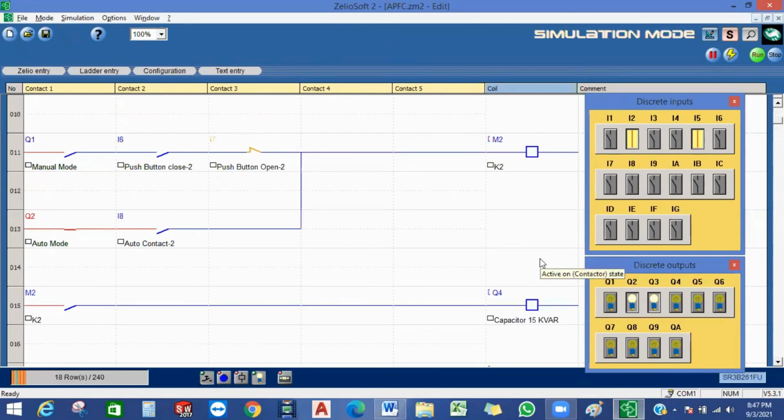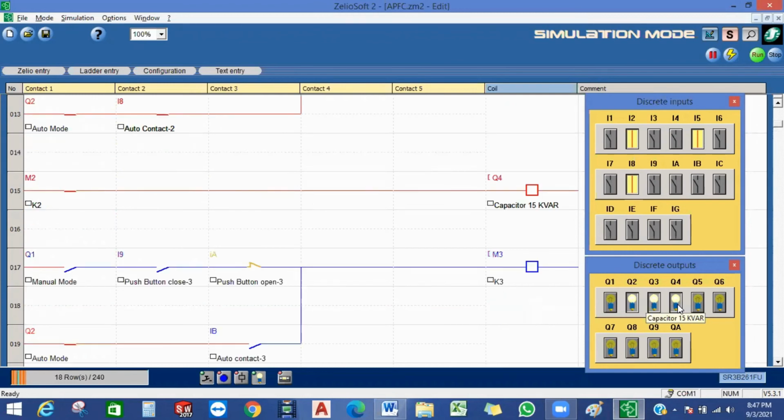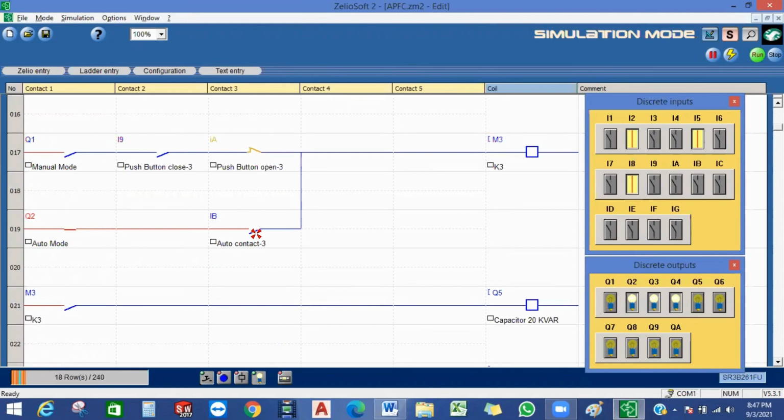Now suppose the demand requires more, an additional 15 kVAr. So the second contactor will close from the controller. Now you see the 15 kVAr capacitor is on. Now it is 25, 10 plus 15. Now still you need 20 kVAr, so this controller gives 20 kVAr.